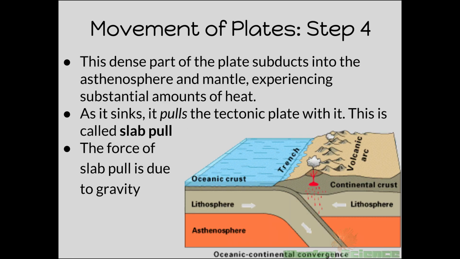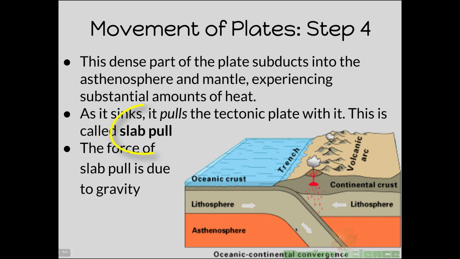Alright, step 4 is when things start to get a little crazy, so make sure you are listening very closely. As I was saying before, that part of the crust is very old and dense and thick, and it's sinking below the other plate. And as it begins to sink and fall, it starts to drag the rest of the plate with it.